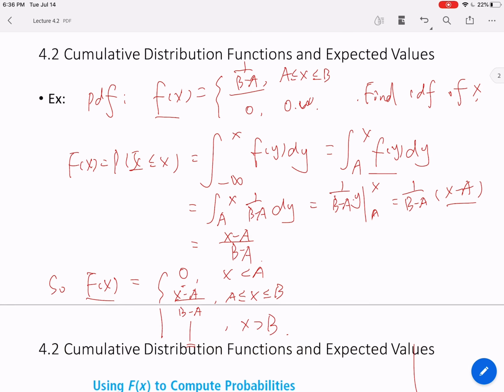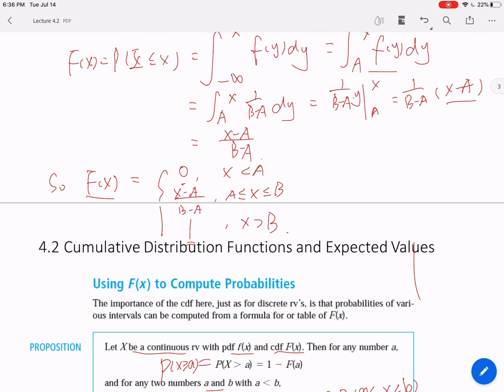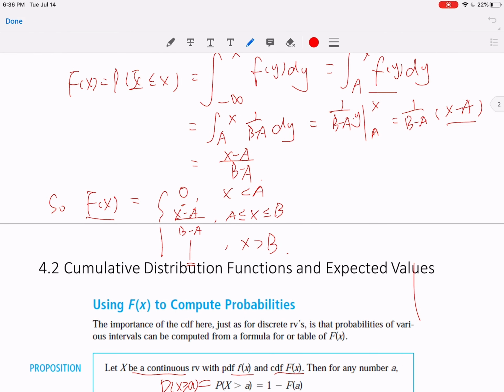Once that is clear to you, I think you'll be fine. And always keep in mind that the CDF always starts with 0 and ends with 1. All right, that's pretty much all about 4.2.